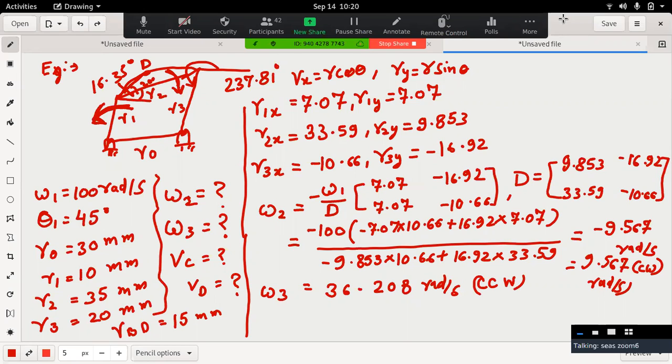So when omega 1 is 100 radian per second, link 2 is moving with 9.56 radian per second in the clockwise direction, and link 3 is moving with 36.208 radian per second counterclockwise. So that is how we can determine the angular speed of link 2 and link 3.